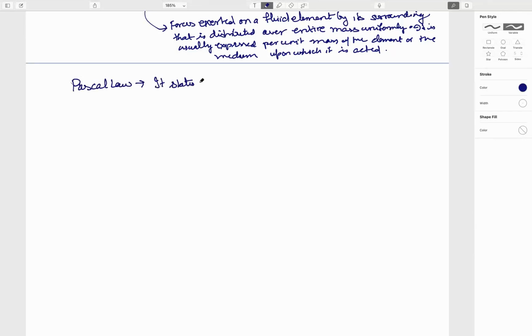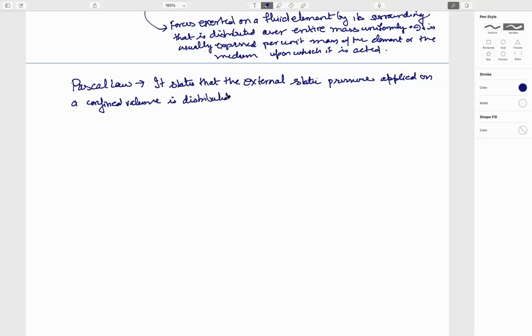It states that the external static pressure applied on a confined volume is distributed or transmitted uniformly throughout the liquid, in all directions.